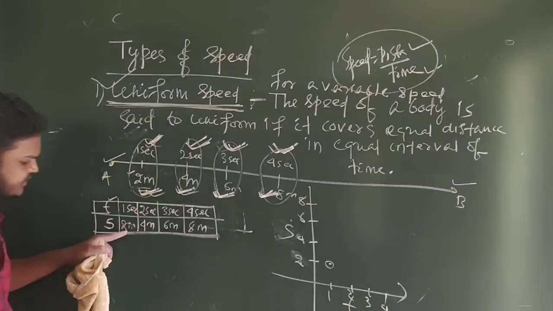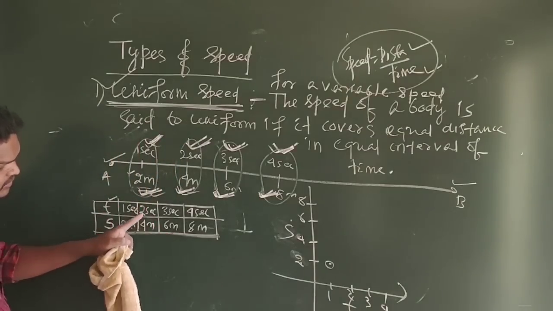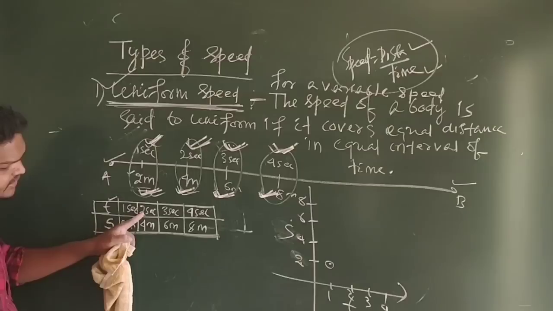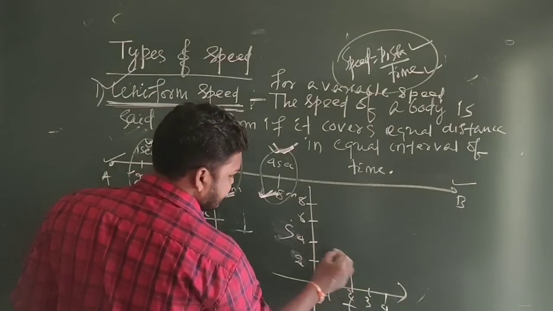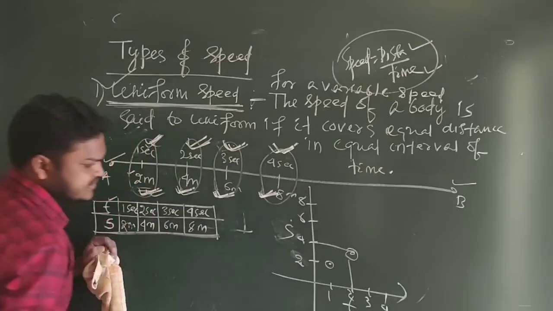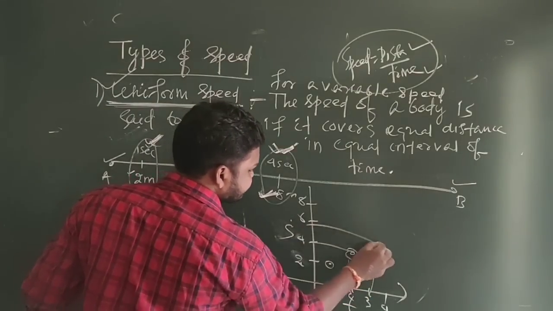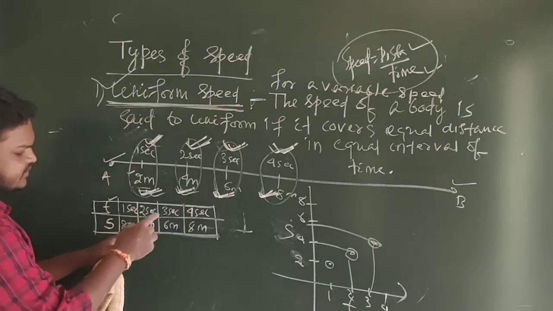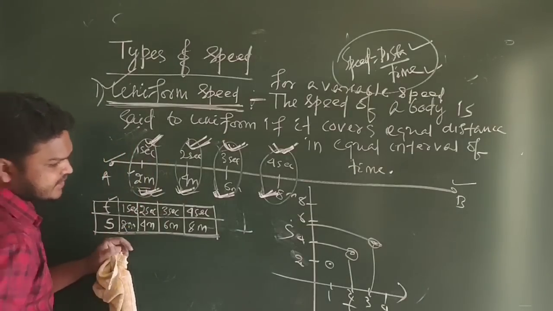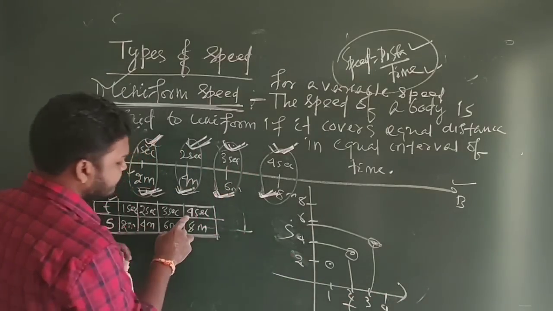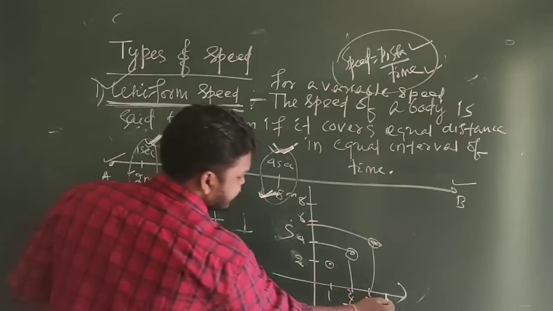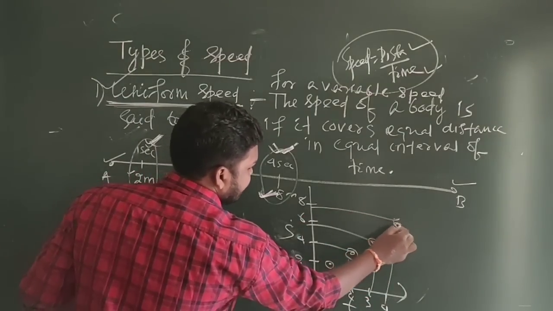The body covers 4 meter distance in 2 seconds. The body covers 6 meter distance in 3 seconds. Finally, the body covers 8 meter distance in 4 seconds.